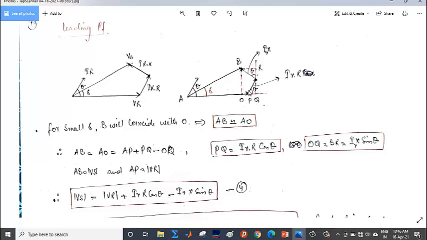This is theta. Since this is parallel to this, this is again theta. I have extended it up to this, and then again I have drawn a perpendicular from B to O and a perpendicular from B to this line. Let's say this is the QR line, and this is theta. This angle will be 90. This will be 90 minus theta. This angle will again be equal to 90 minus theta, and this angle will be theta.